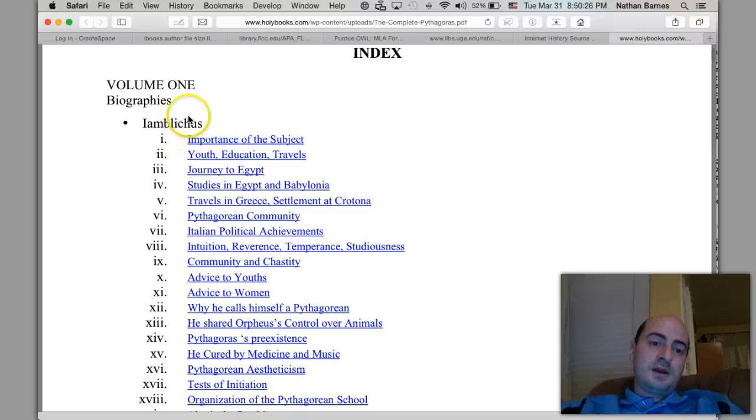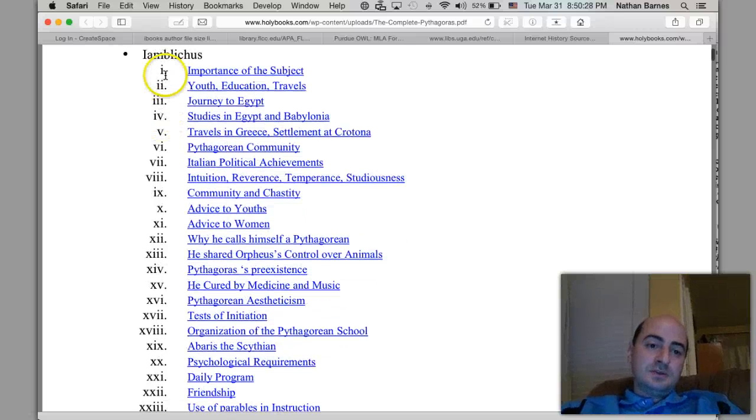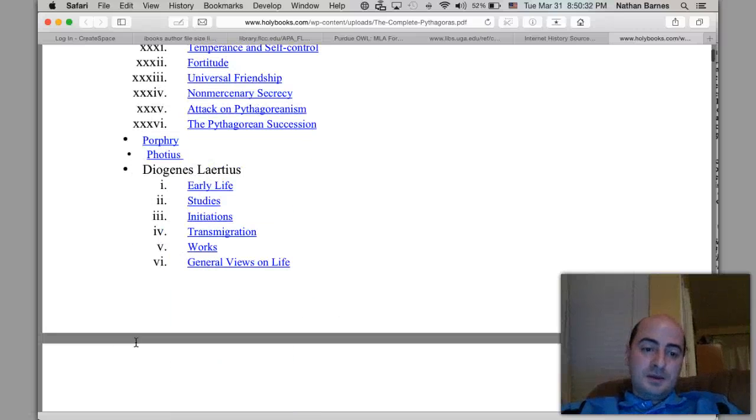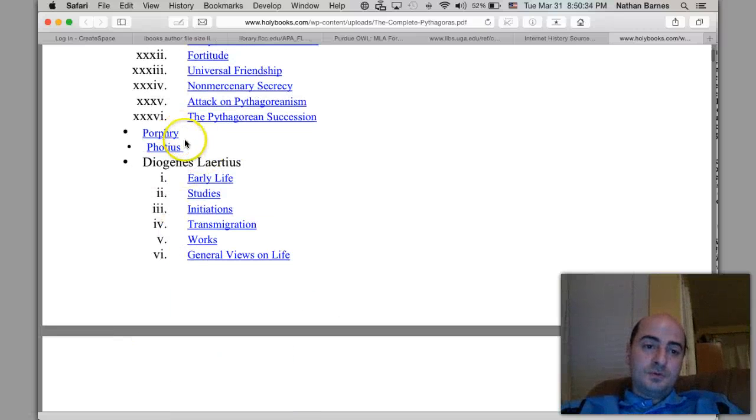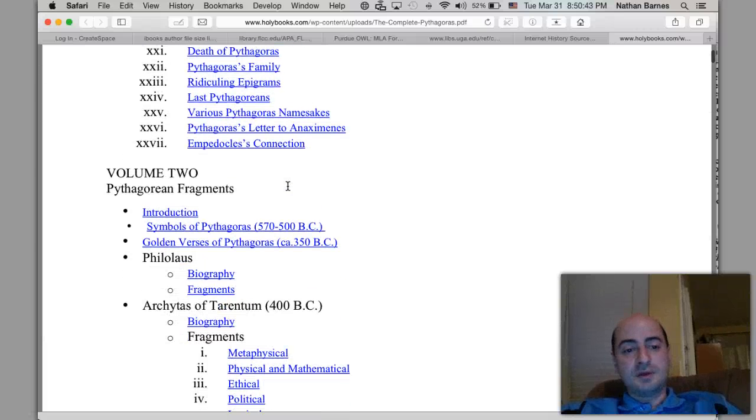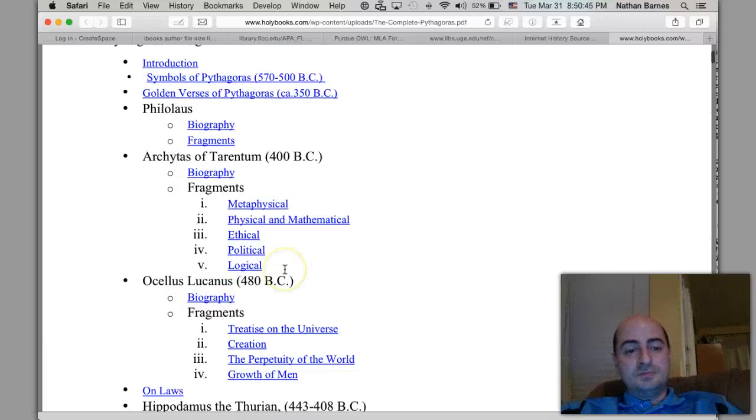This is from Iamblichus, and you see this is just his entire book that they posted. And then the source from Porphyry, Photius, and then Diogenes Laertius. And they posted all of Diogenes, everything that he wrote about Pythagoras, and then volume 2, and so on.